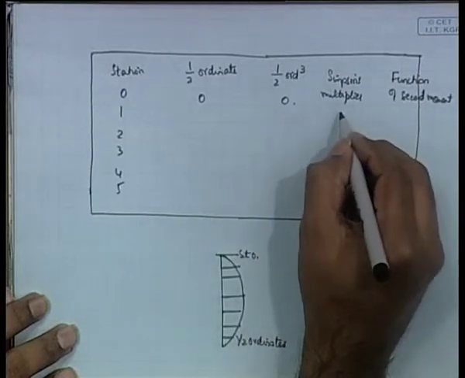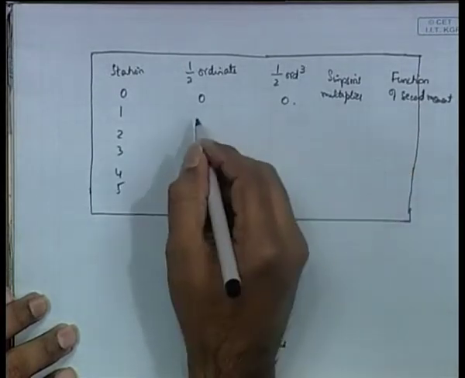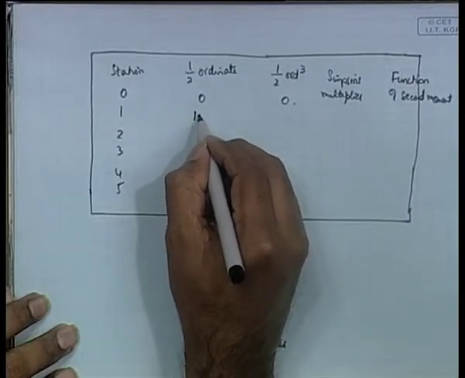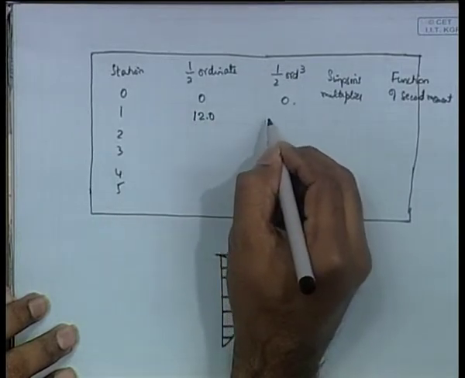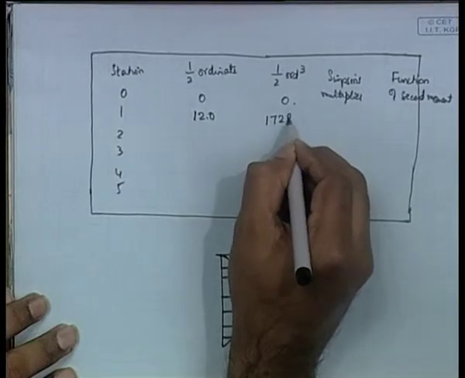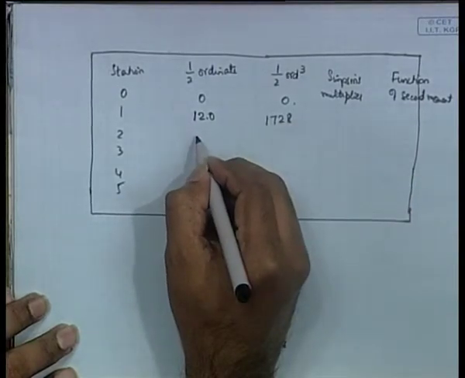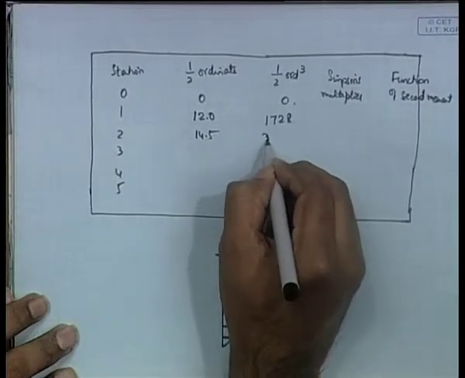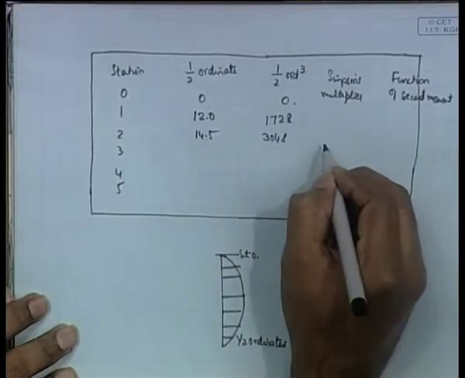So 0, 0, Simpson's multiplier, then this is actually 12, half ordinate is 12. So for half ordinate cubed, and then 14.5, 3048.